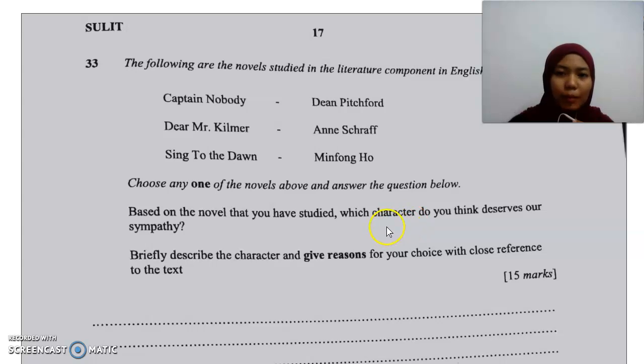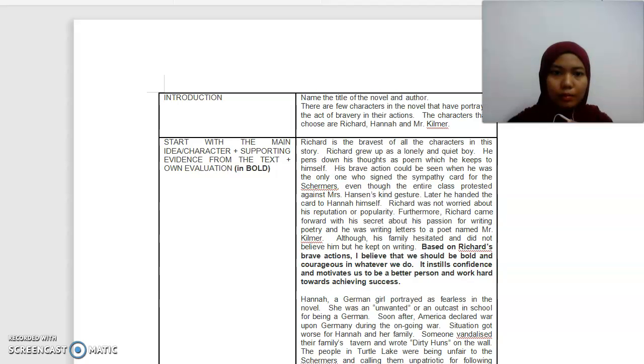Okay, some of the tips that I could share with you to answer this particular question is, there are basically four paragraphs you have to do for this part, which is the introduction, the first paragraph.